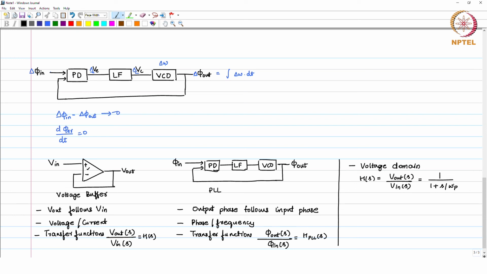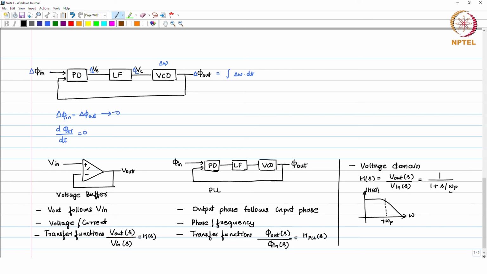It is a low pass transfer function with the pole at omega p. You can draw this transfer function like this, where you have a pole at a frequency omega p.